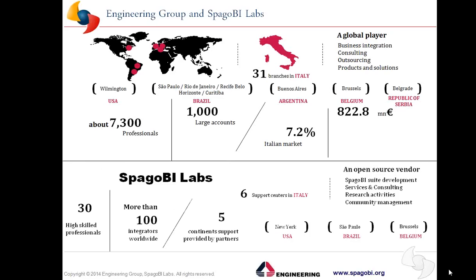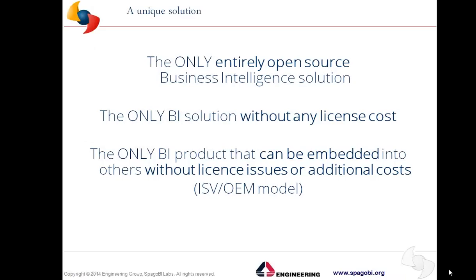I'm part of SpagoBI Labs, and as such, I'm giving this webinar today. Now, what is SpagoBI? SpagoBI is a suite for business intelligence, and it is 100% open source. This is quite unique because at present, basically, SpagoBI is the only business intelligence product that is fully open source, and there I mean with no double licensing system.